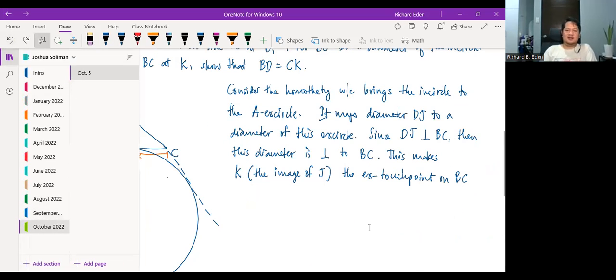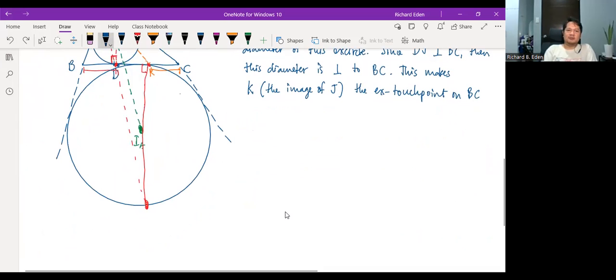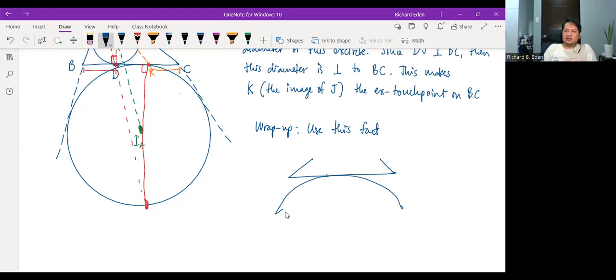And then for the wrap up, we use this fact: if you have this triangle, and this is the excircle touch point, and then the point of tangency of the incircle, then this distance and this distance are equal.